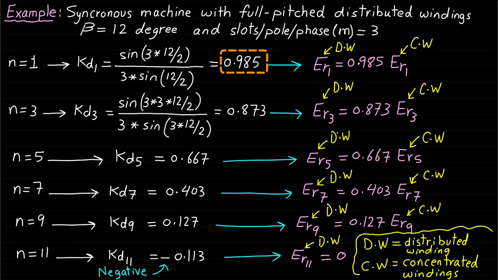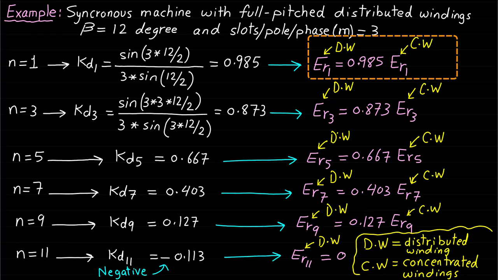If we focus on the fundamental component, the distribution factor of the fundamental component Kd1 is equal to 0.98. That means the percentage of phase voltage magnitude of the fundamental component is high and is equal to 98% of the concentrated windings voltage.